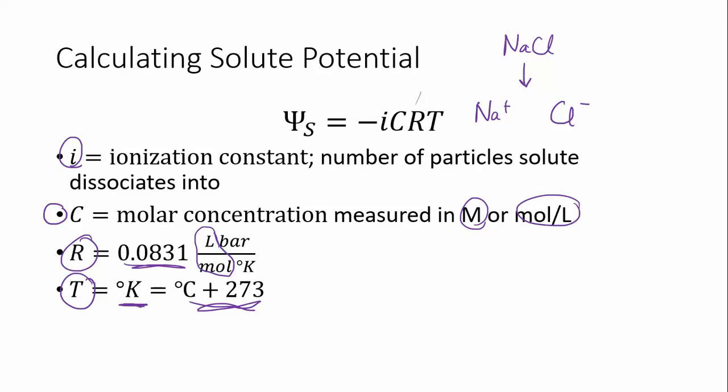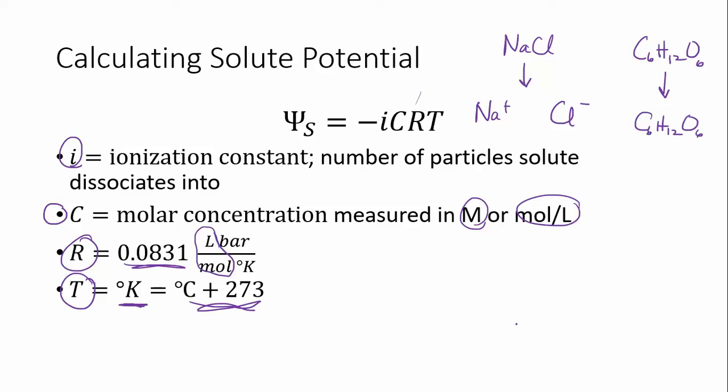So it's going to decrease the solute potential twice as much as something that does not dissociate. So let's look at this old friend, C6H12O6, glucose. When you stick it in water, nothing changes. It's still C6H12O6. And so it has an ionization constant of 1. It's going to have half the impact on your water potential that something like sodium chloride does.